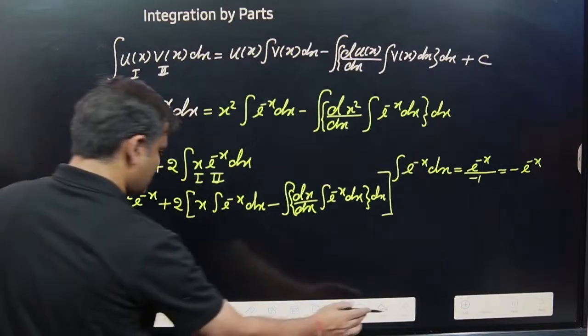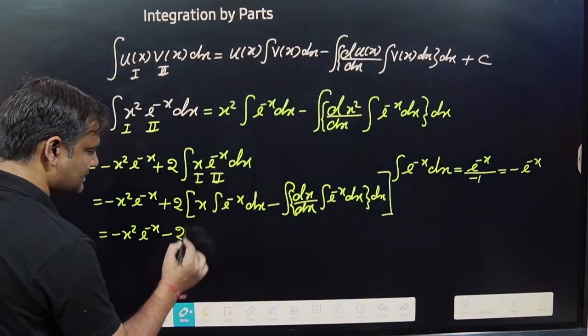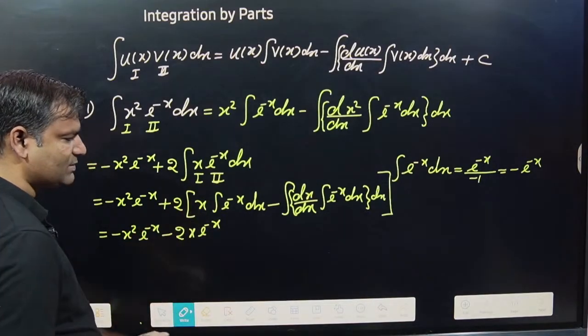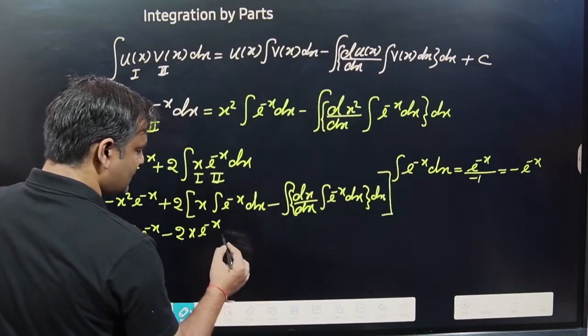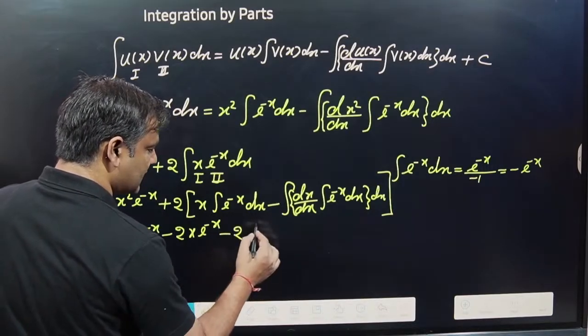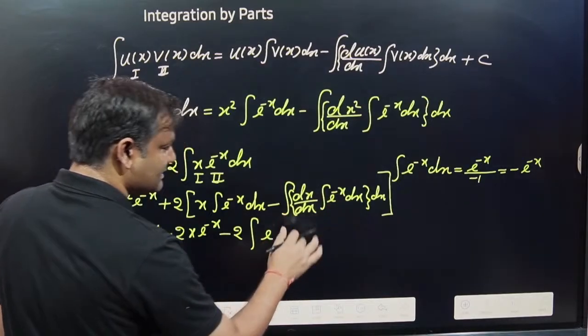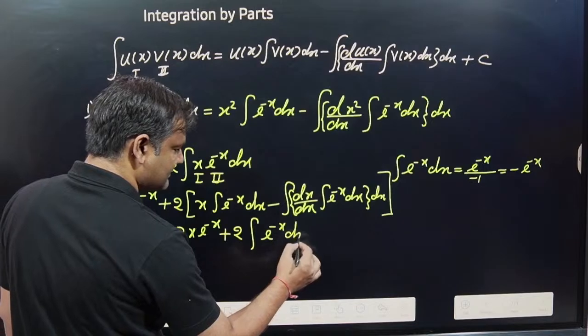So you can write now here minus x into e to power minus x, also multiplied by 2, and if 2 is multiplied here, so minus 2 into integration of e to power minus x, which is minus, so minus plus e to power minus x dx.